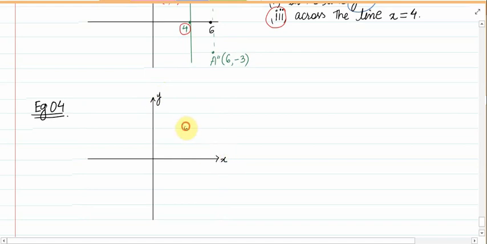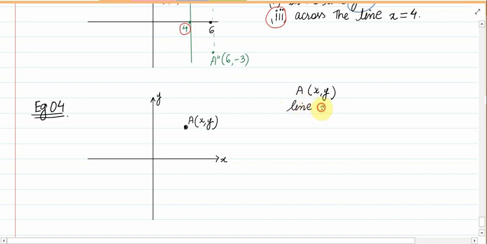Okay, so that is my y-axis and that is my x-axis. Suppose that you have a point here, its coordinate is x comma y. At first we need to reflect it across the y-axis, or I can say in the line x equals 0.